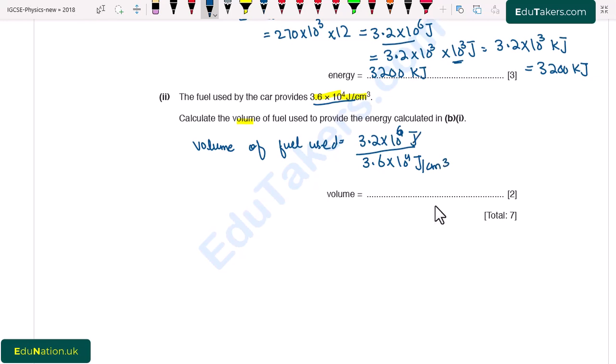So this joule cancels by this and this cubic centimeter comes here, and when we simplify it, it comes to be 90 cubic centimeter. So the volume is equal to 90 cubic centimeter. This is the volume of the fuel used.